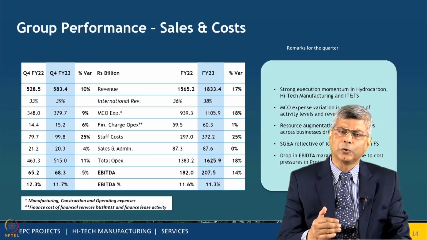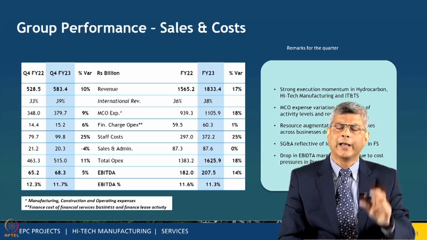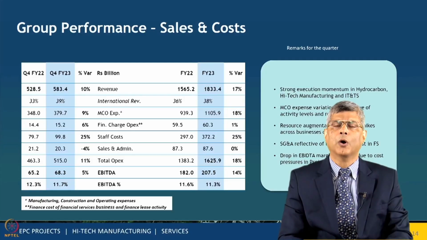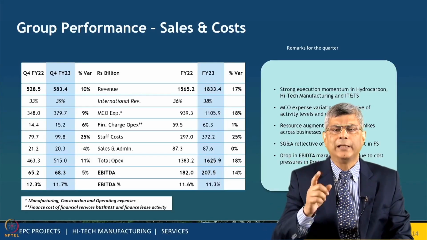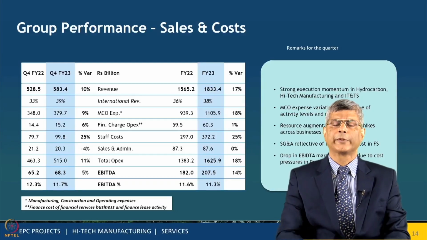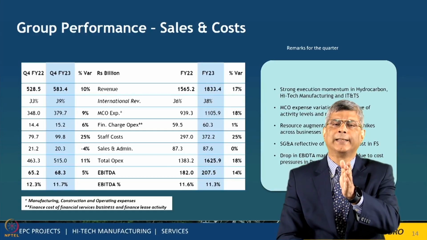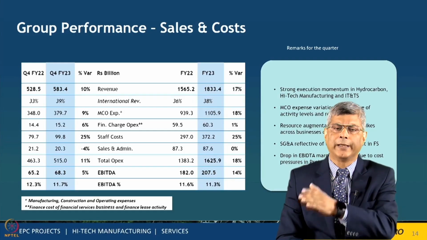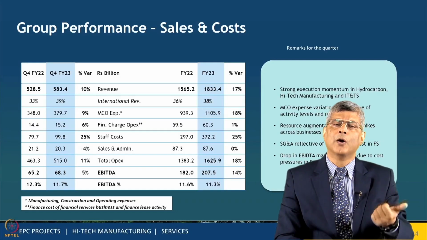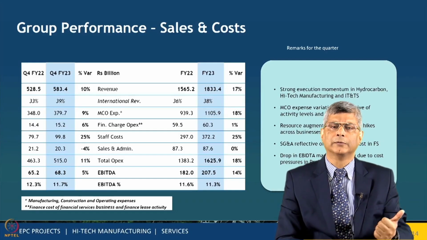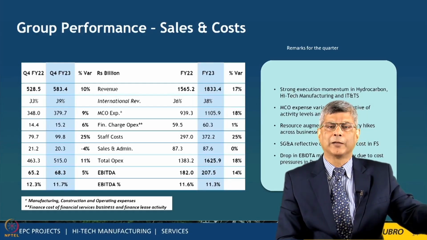I'll repeat that slowly. 1,83,000 crores, or 1,833.4 billion rupees. That's the sales. And if you look at the percentage VAR, which means percentage variance, which means percentage change, it's 17% growth versus the previous year, where they sold 1,56,000 crores. And then you have other parameters.